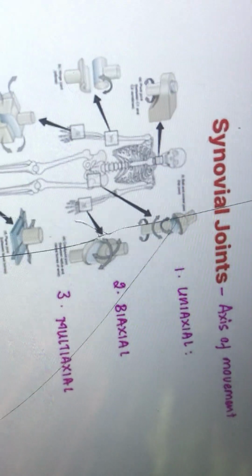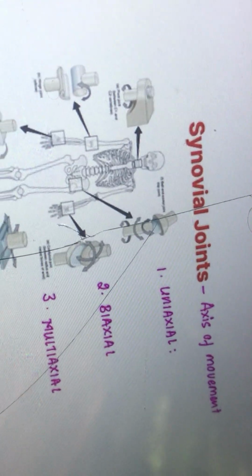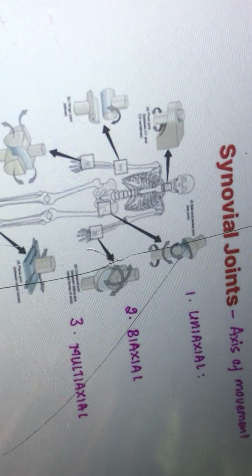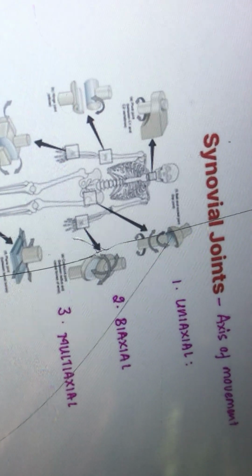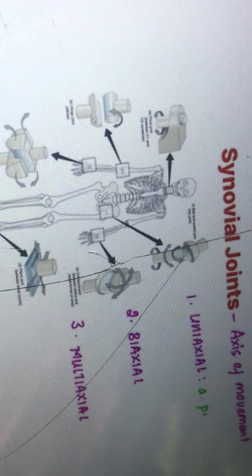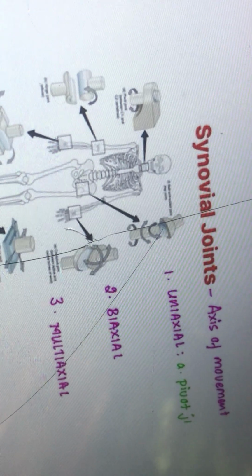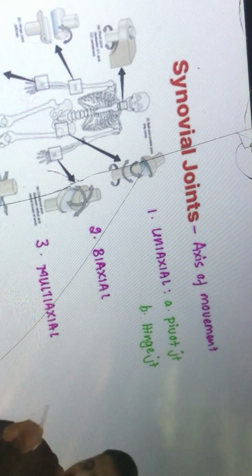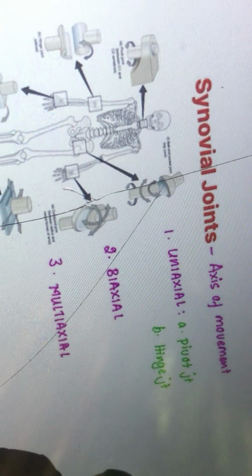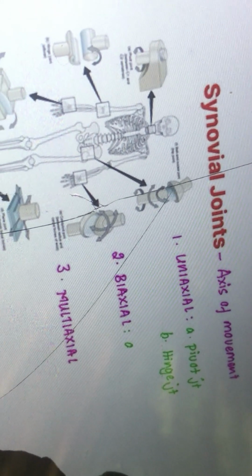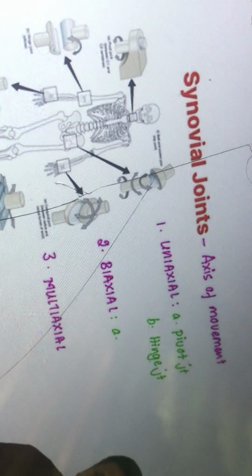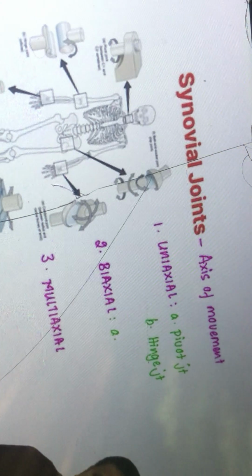Uniaxial joints are the joints where movement occurs along a single vertical axis or a transverse axis. Right? Examples for such joints include pivot joint, right? Or hinge joint. Biaxial joints are the joints where the movement can occur in two different axes.